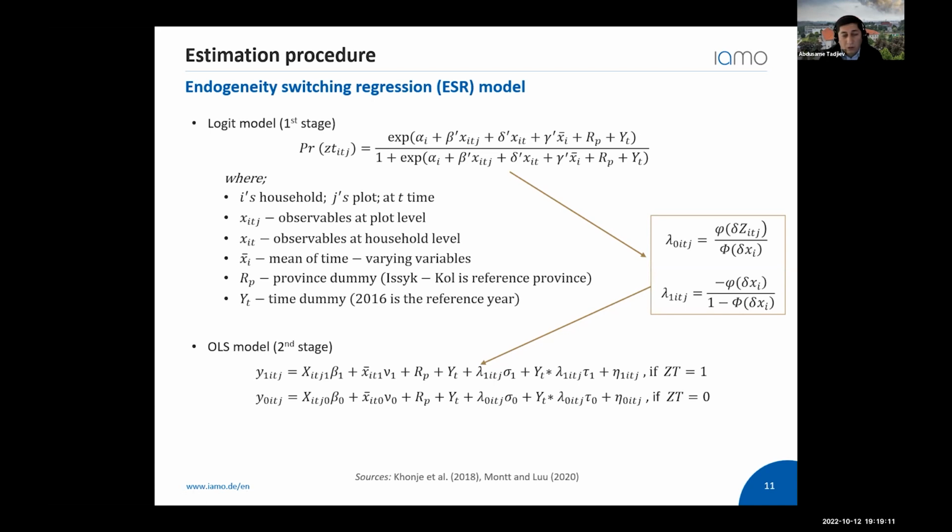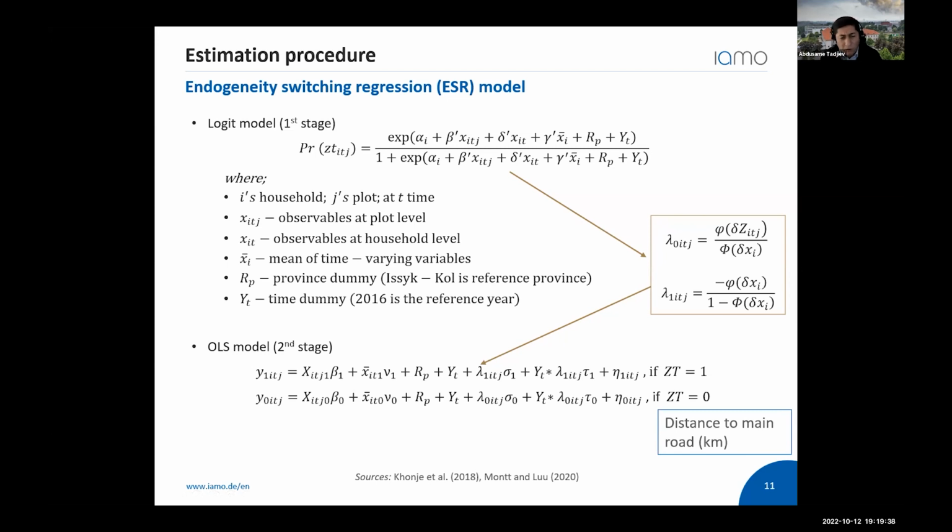Also, instrumental variables, which influence the fourth stage logit model but do not influence the second stage OLS model. The falsification test shows that in our case, distance to main road is a valid instrument, which influences the fourth stage logit model but not the second stage OLS model.